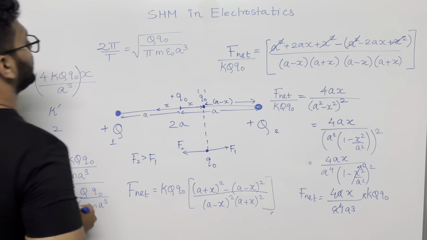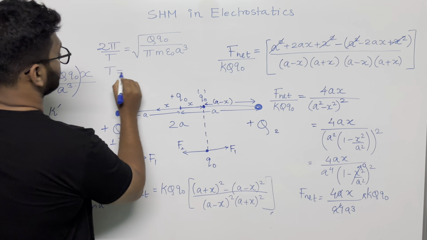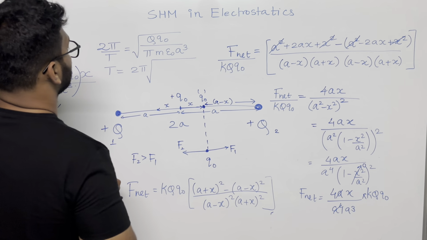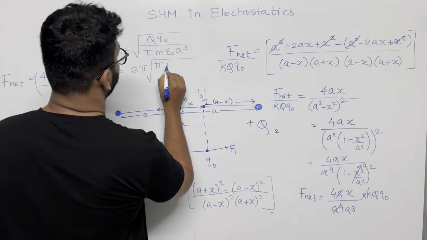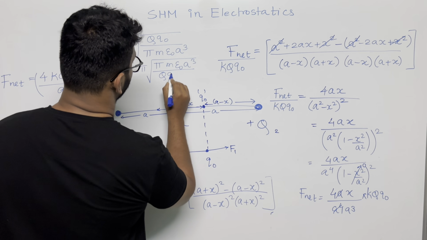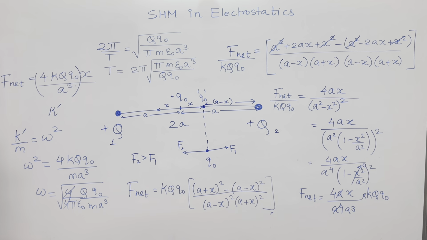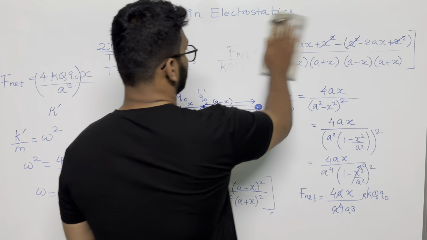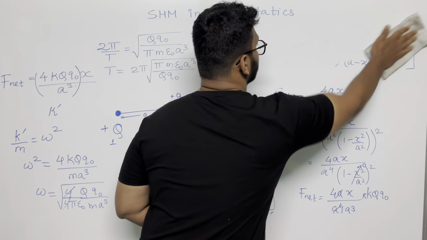right? So the time period T is equal to 2 pi root of pi m epsilon naught a cube upon q0, right? Okay, so now we will take this inside and let's see what it turns out to be. Correct.